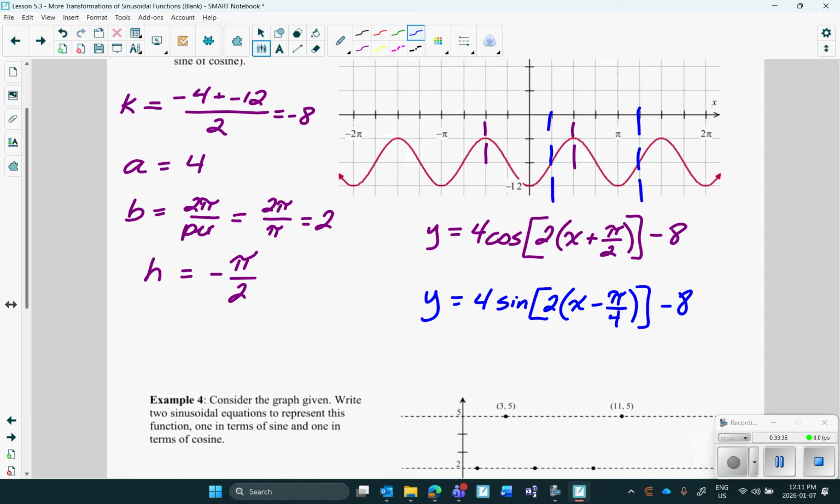That's another possible answer. And there are other answers with sine. And actually, you could do other answers if you decided to flip things. But why would you? I would probably avoid flipping in this case. Don't flip if you don't have to, because otherwise it makes it confusing.